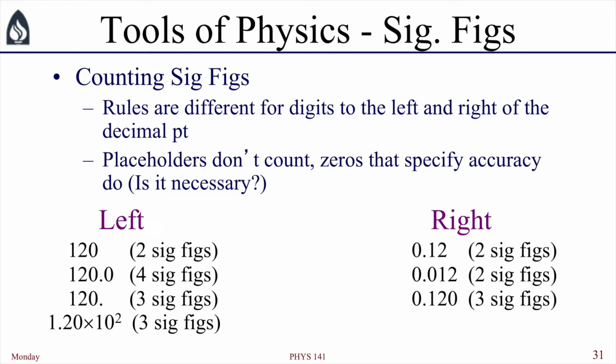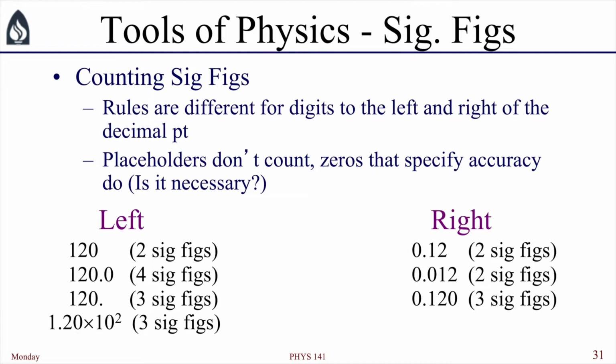The big principle to keep in mind is that if a zero is necessary to tell you how big a number is, then that zero is not significant. Its job is to tell you how big the number is and not to specify accuracy. If, on the other hand, the zero is not necessary to tell you how big the number is, its job is to specify accuracy, and it is therefore significant.